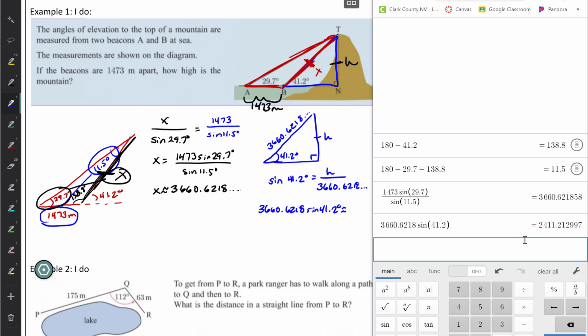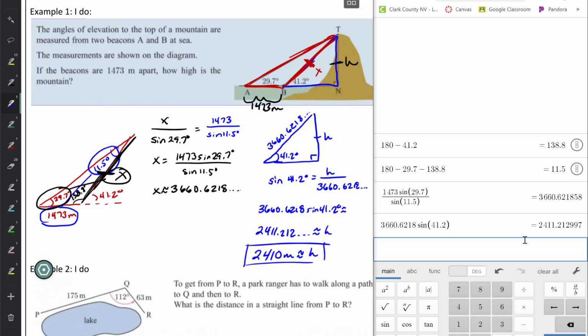And we should get a measurement of 2,411.212, and that's going to be approximate for h, which means if we go to 3 significant figures, that's going to be about 2,410 meters, all by just knowing 2 angles and 1 distance.